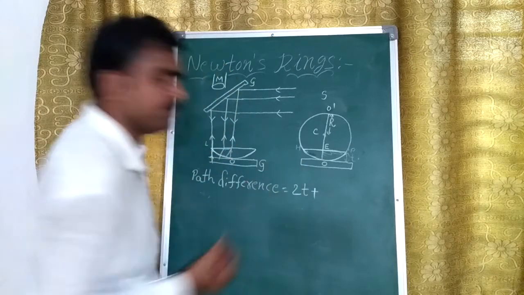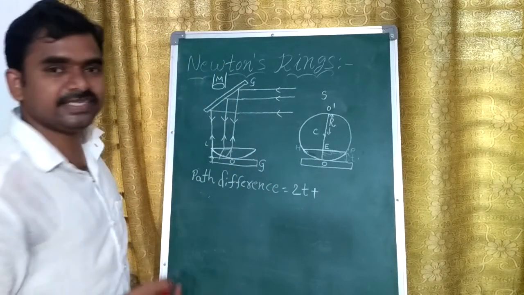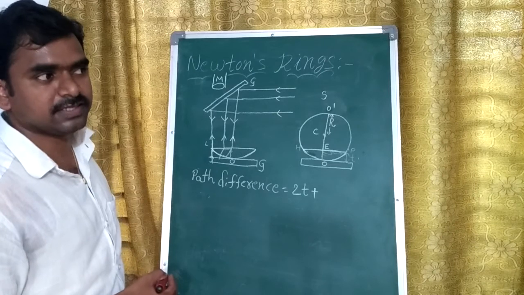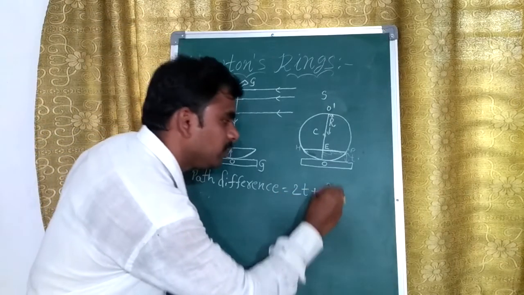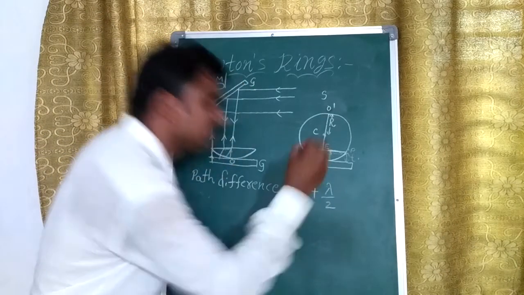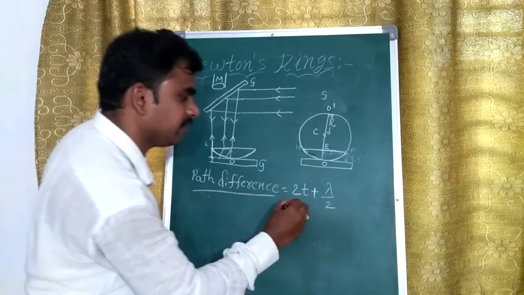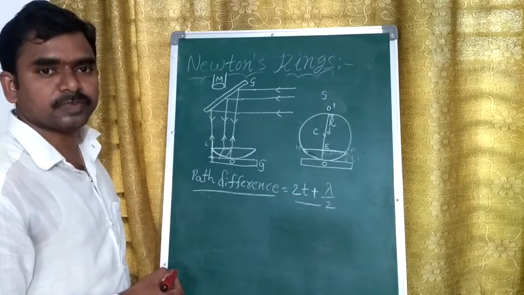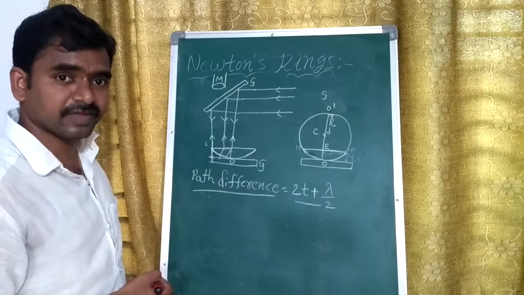There is an additional path difference we have to consider, that is lambda by 2, so 2t plus lambda by 2. This is the path difference of the waves participating in the interference.